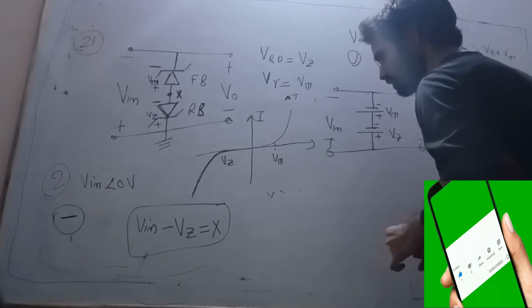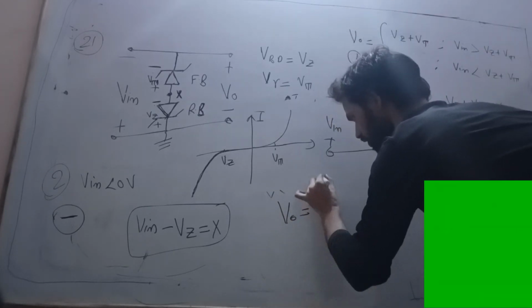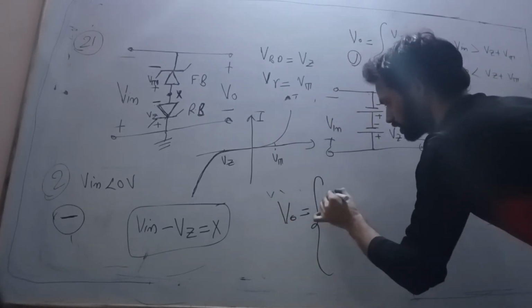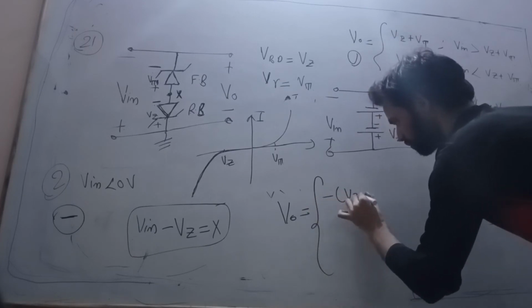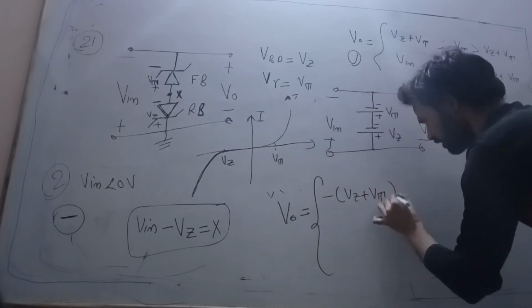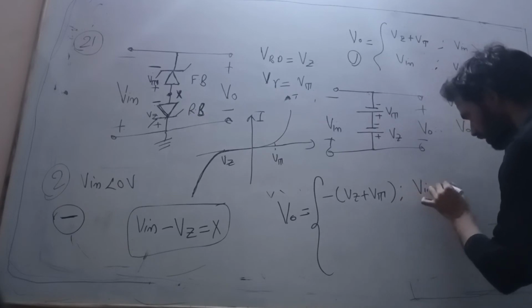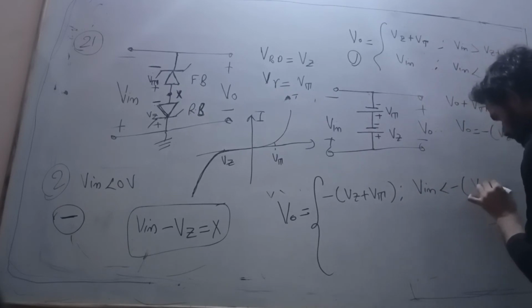What we have done in case second is V naught is equal to minus Vz plus Vt when V in is less than minus Vz plus Vt.